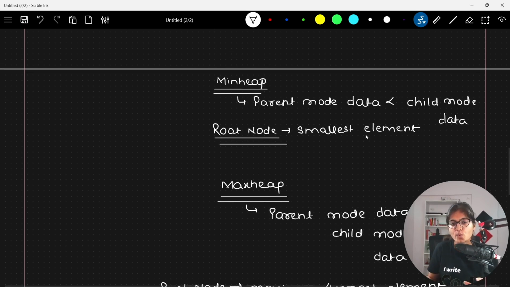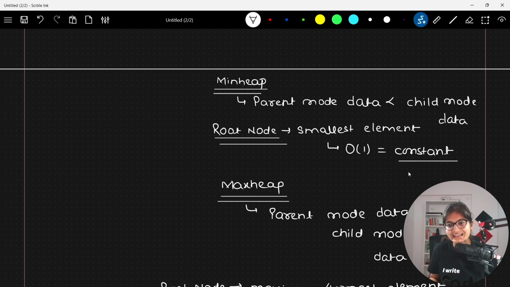So suppose you want to find the minimum element in an array using a Minheap, how much time complexity will it take? It will take big O of 1, constant time complexity, because you know that at the zero index the minimum element will be there. Why the 0 index?